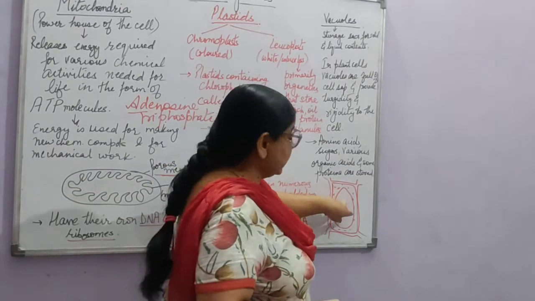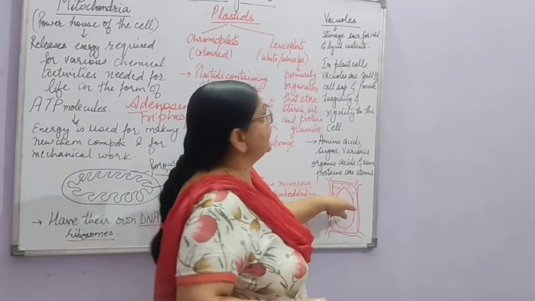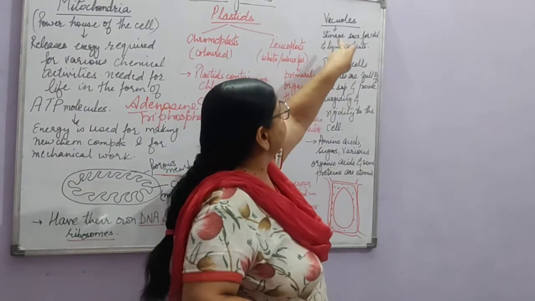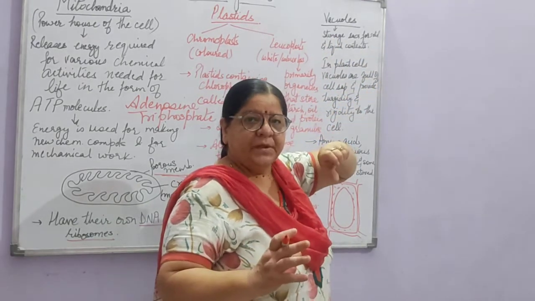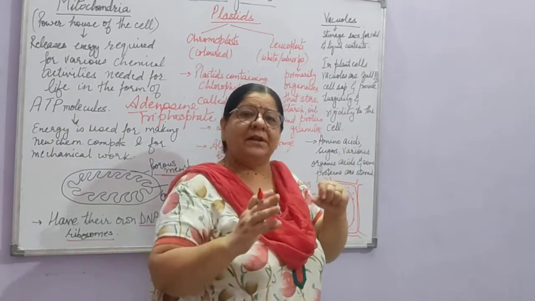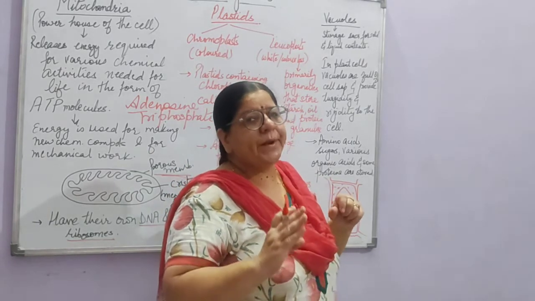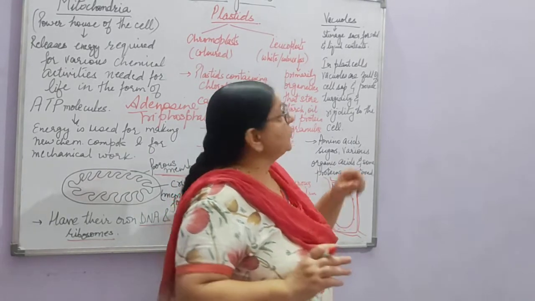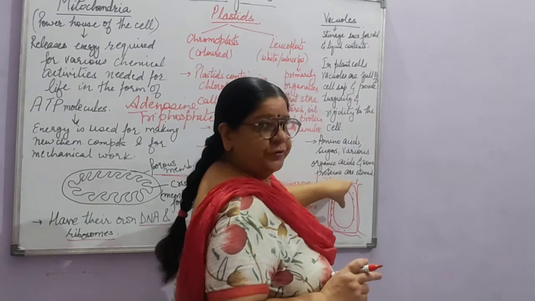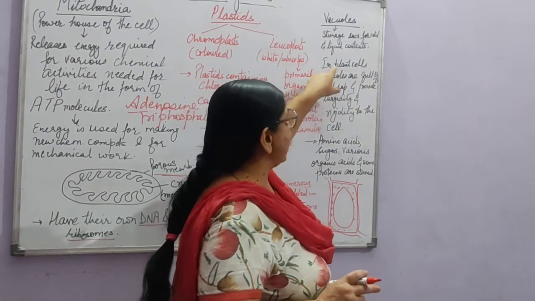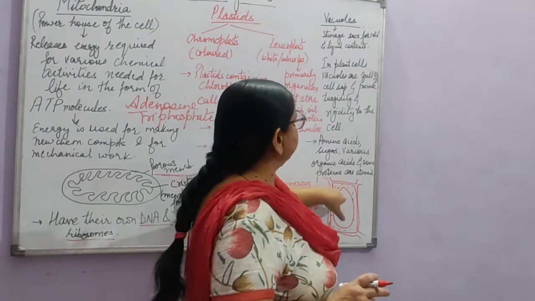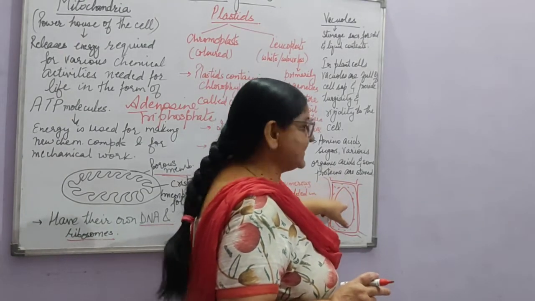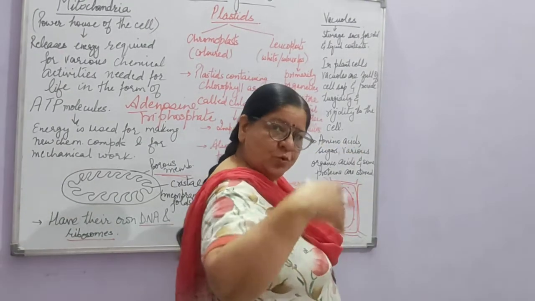So this vacuole, which is present inside the plant cell, is actually a storage sac, for solid as well as liquid contents. So they help in storage, right? In plant cells, the vacuole is full of cell sap, a fluid.